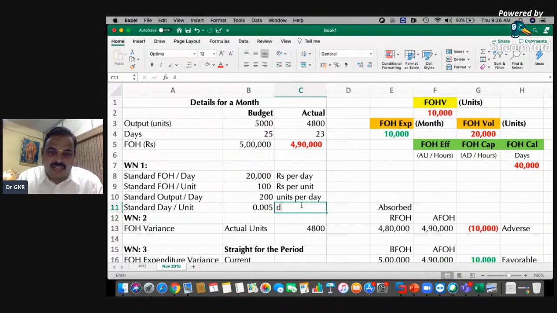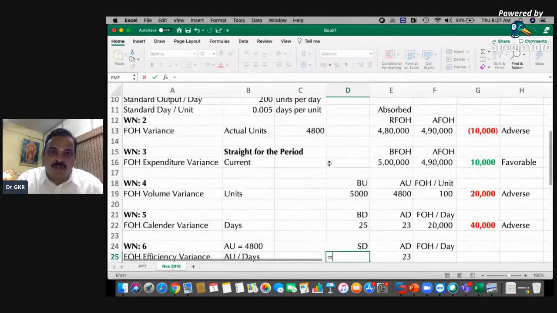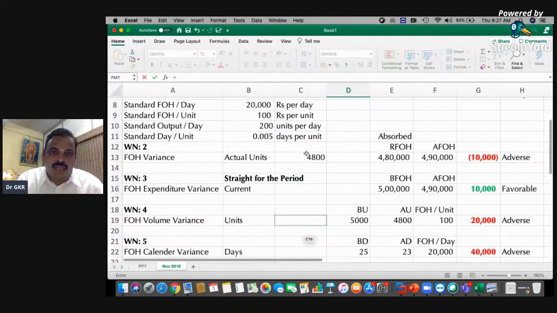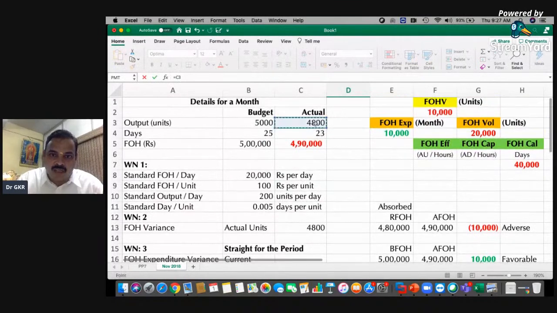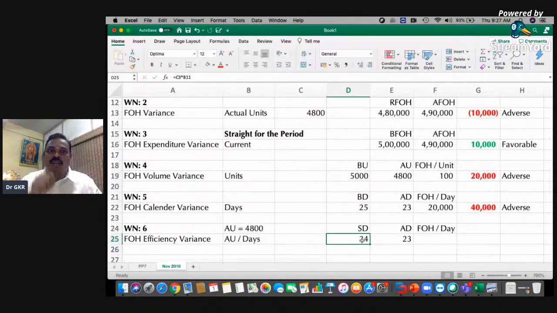This is the number of days per unit. So, therefore, 4,800 will take how many days? 4,800 into 0.005. You should take 24 days.